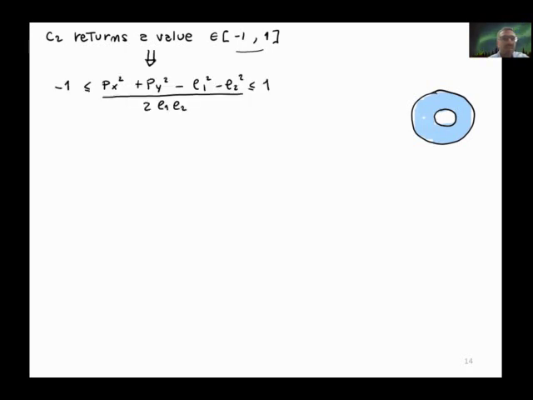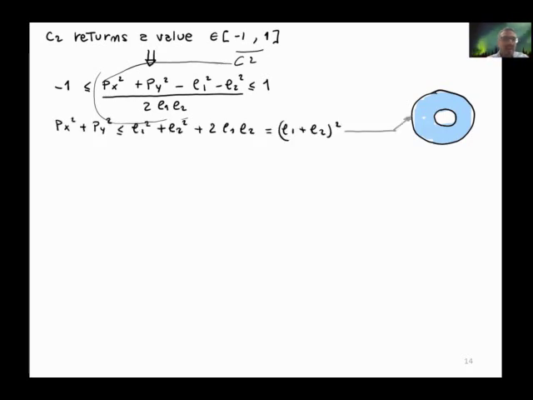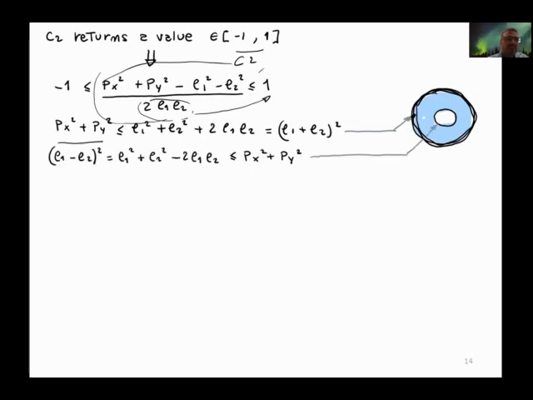If we put the expression of cosine of theta 2 between -1 and 1 and consider the inequality, putting this on the right side, we see that this inequality is the same as requiring that the position of the end effector is inside the outer line of the workspace, while the other inequality with -1, if you put that on the left, is requiring that the point is out of this circle.